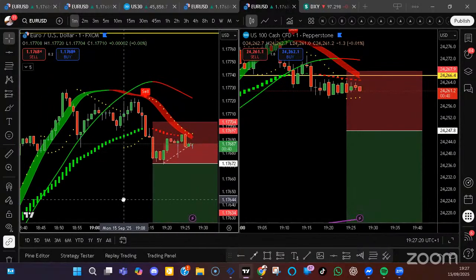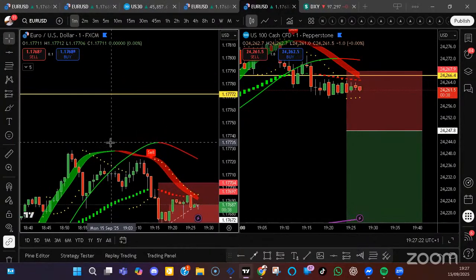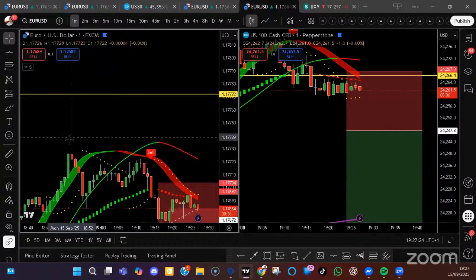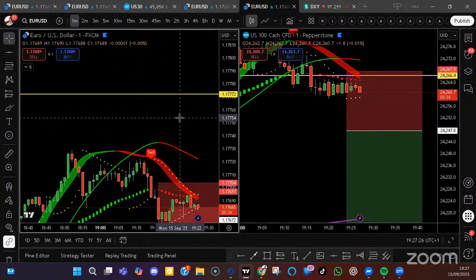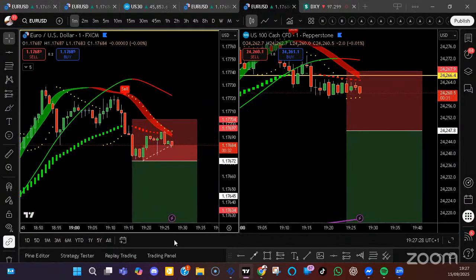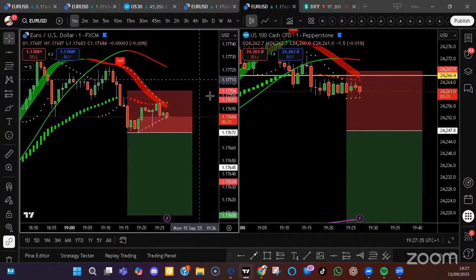But we have about a 75% win rate if price had gone into the sell zone on the 5-minute. So I'm just keeping up there like that. But like I say, we're going sideways at the minute.